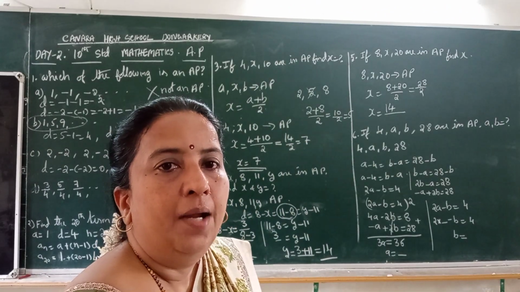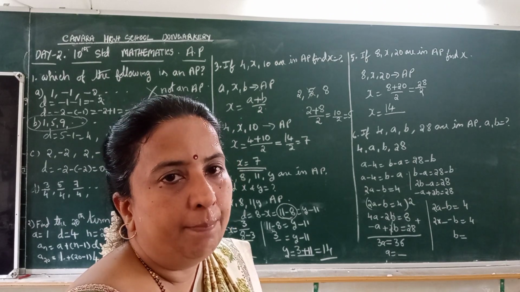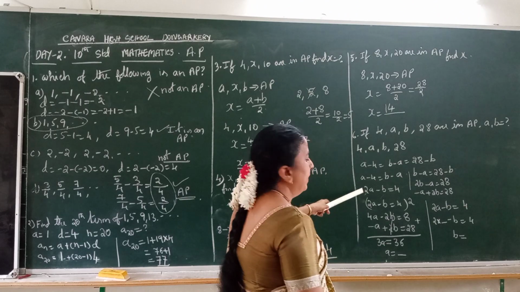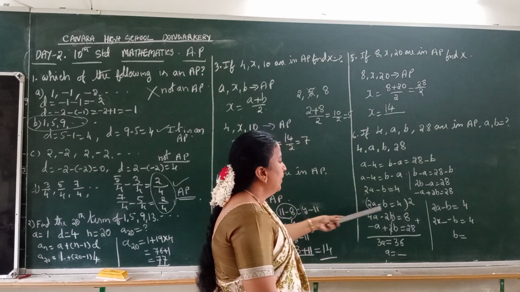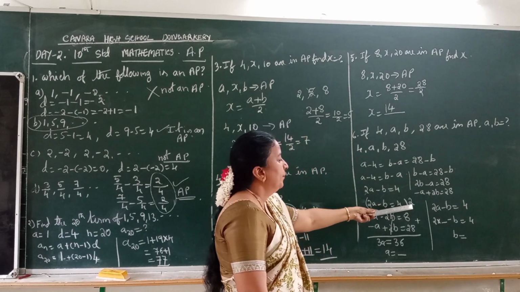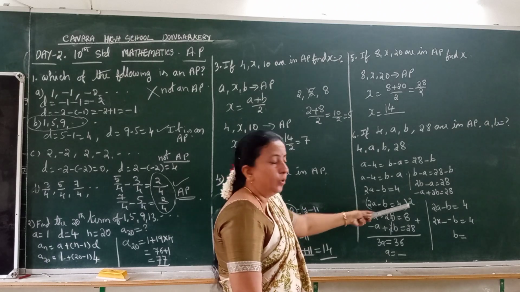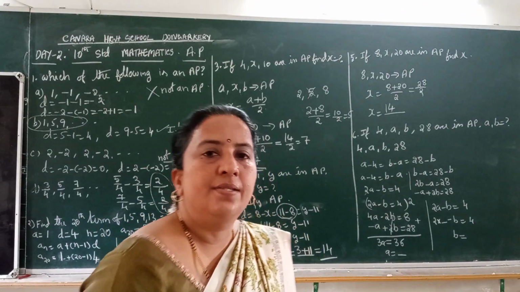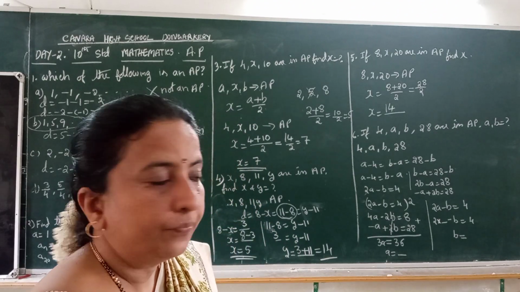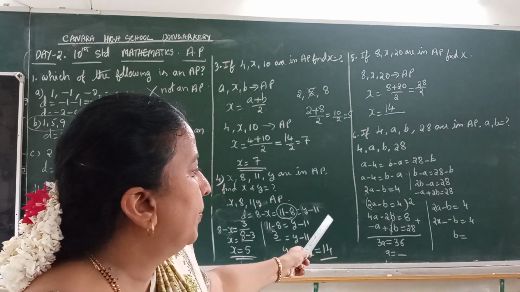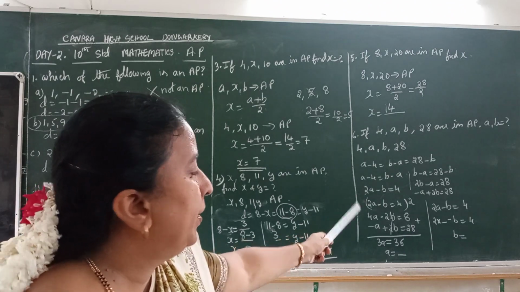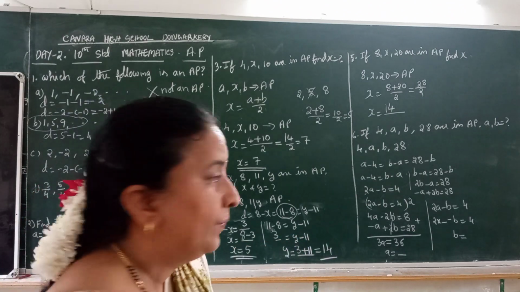When we are solving, coefficients of variables must be same. How to make? Multiply any one equation by 2. Which one shall we multiply? First one by 2. 2a minus b is equal to 4. Throughout the equation into 2, we will get 4a minus 2b is equal to 8. 2 into 2a is 4a, 2 into b is 2b, 2 into 4 is 8.